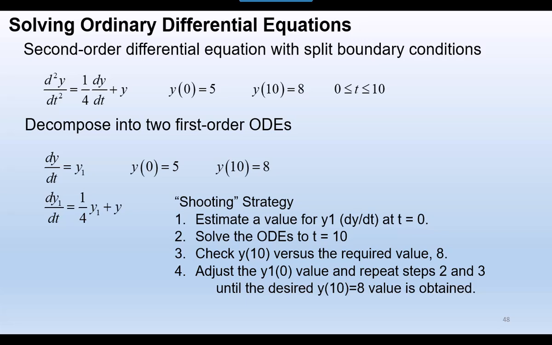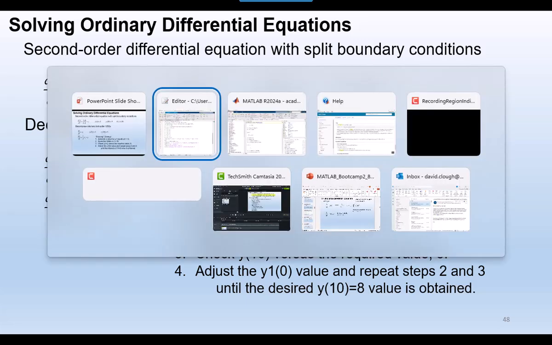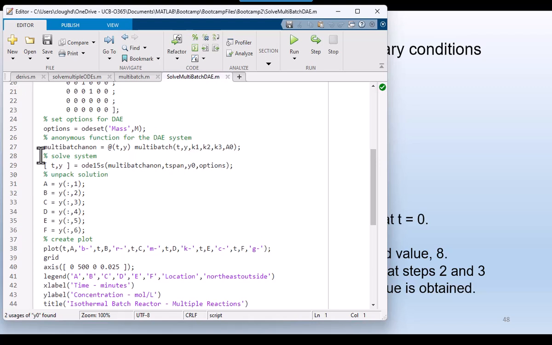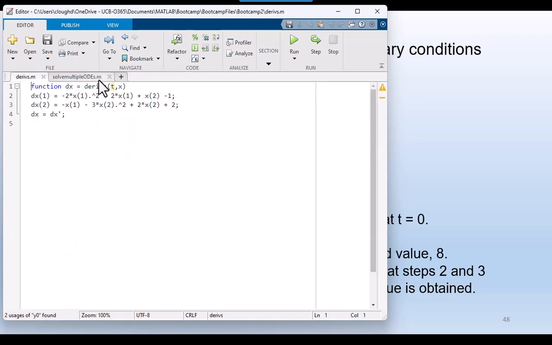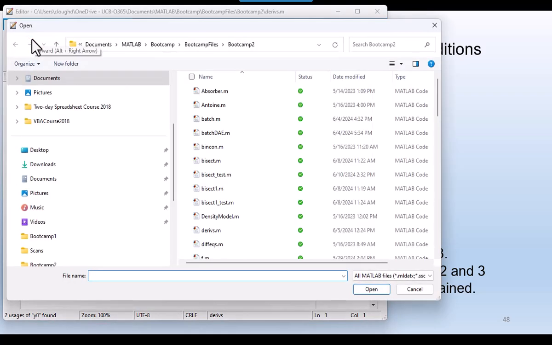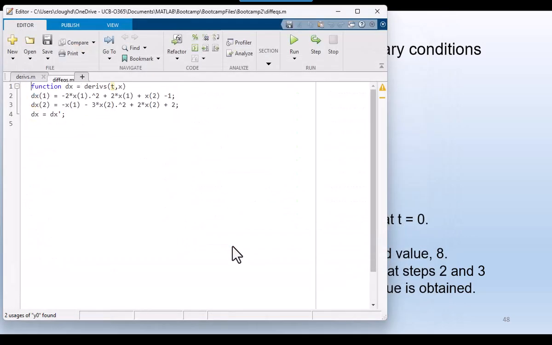Let's go back over to our editor and take out a couple of these. We're done with them. And we'll open a file which is called diffeqs. And this corresponds to what we had for our two ordinary single order differential equations in terms of y and y1.